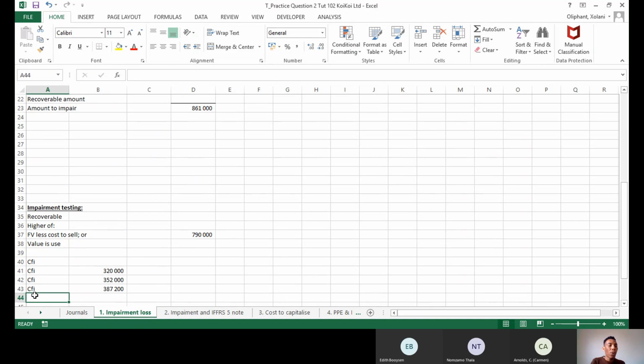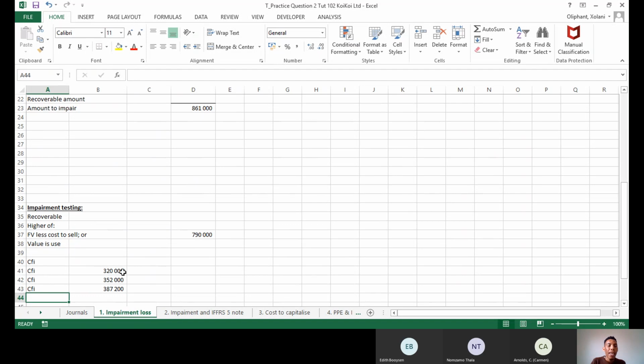Now we know that the interest rate that we've been given is, I think, 15%, and that is on page number 17 of your document. So on page number 17, under additional information point 3, they give you a pre-tax discount rate of 15%, which is considered to be appropriate.